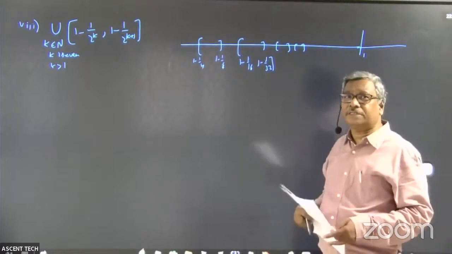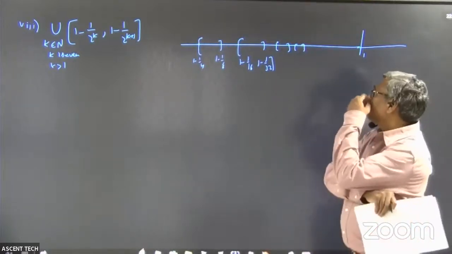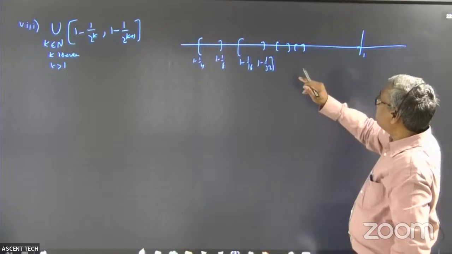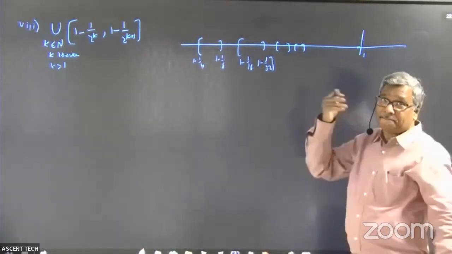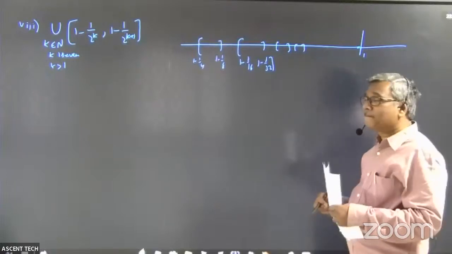Is it a closed set? All the complements are open, but their intersection, because it's an arbitrary union, may not be open, so I can't use that argument.